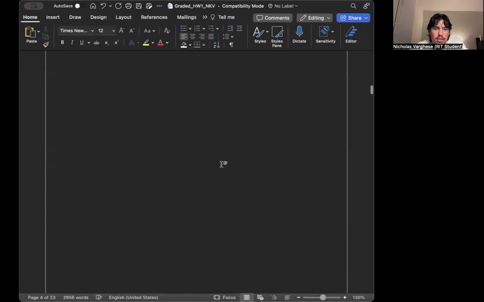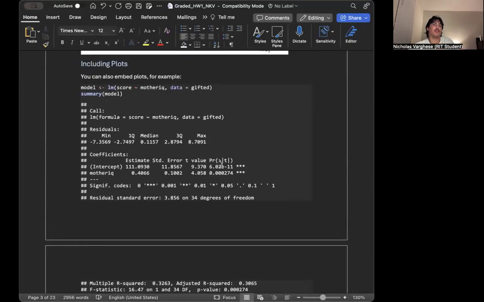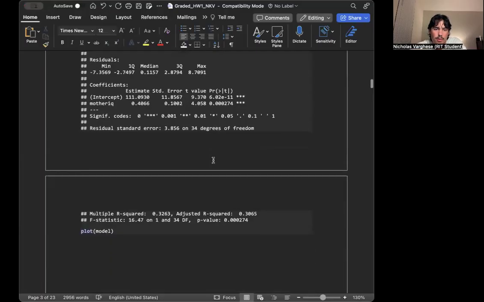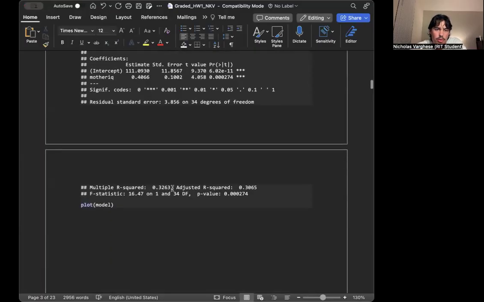Now I will share my screen to briefly explain exercise one here. I feel like a big part of exercise one was the relationship between score and mother IQ, and then score and read. So here we have score versus mother IQ. We have a low p-value, less than 0.05, and an R-squared value of 0.3263.